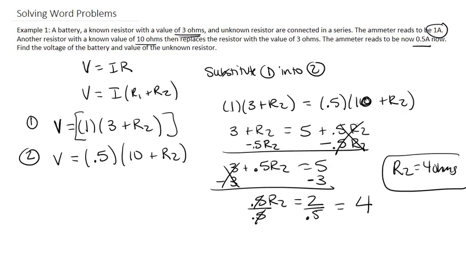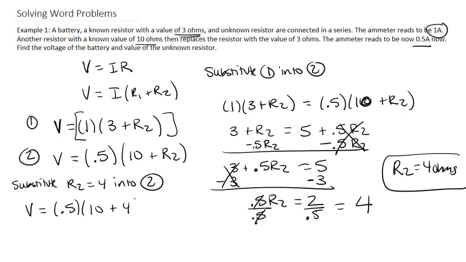Now we can solve for voltage. Let's substitute R2 equals 4 into equation 2. So we have voltage equals 0.5 times 10 plus 4.